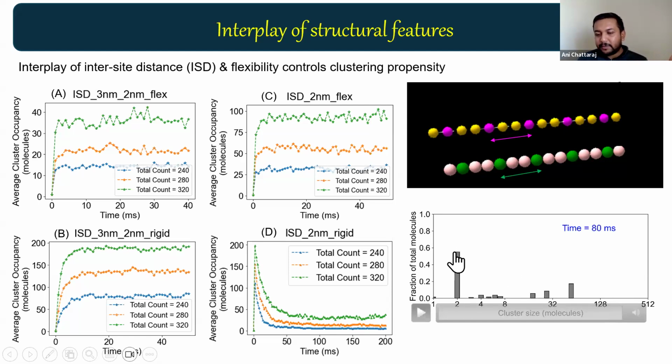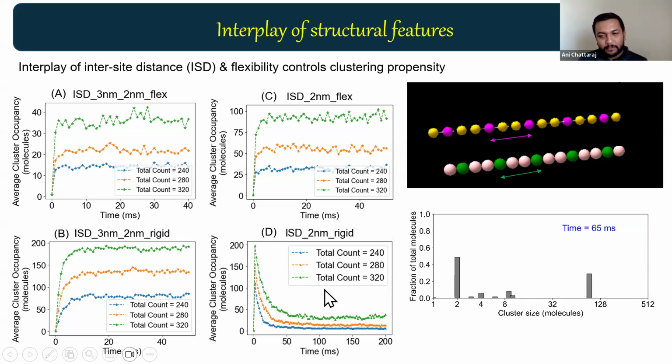But eventually this dimer peak gets overpopulated. So although we started with a lot of molecules being part of large clusters, eventually all of them become part of this dimer population. That is happening because of a complex interplay between the rigidity of the molecule and the gap or spacing between two successive binding sites.